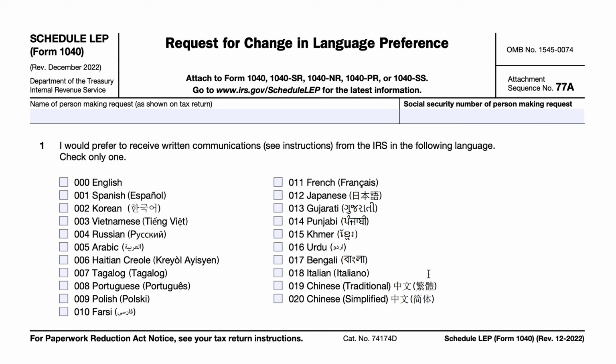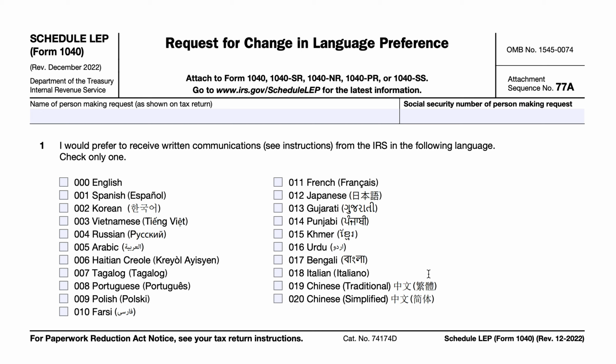So ranging from Spanish, Korean, Vietnamese, Russian or Cyrillic, Arabic, Haitian Creole, Tagalog, Portuguese, Polish, Farsi, French, Japanese, Gujarati, Punjabi, Khmer, Urdu, Bengali, Italian, and then either traditional Chinese or simplified Chinese. Those are the language options that are available right now.